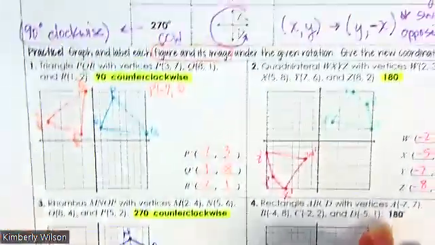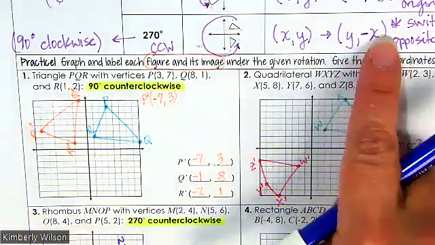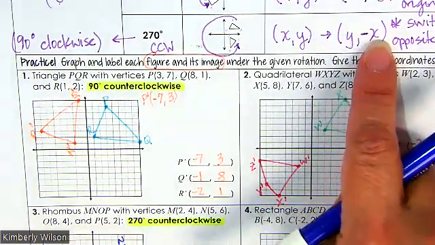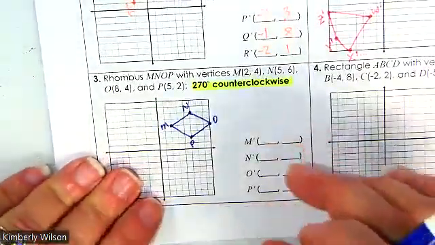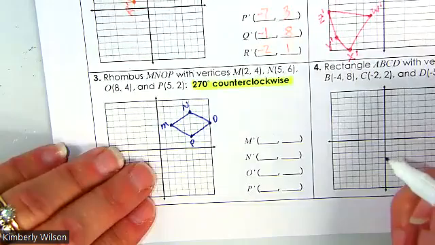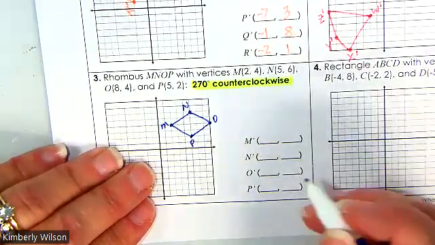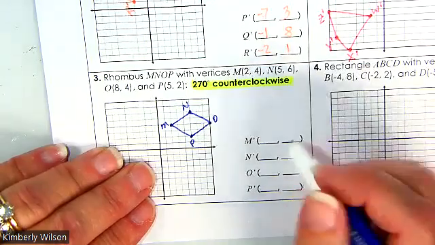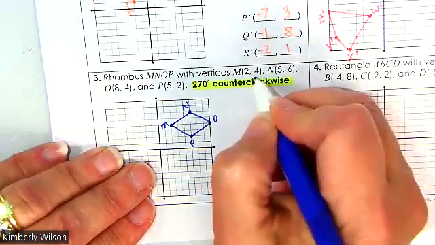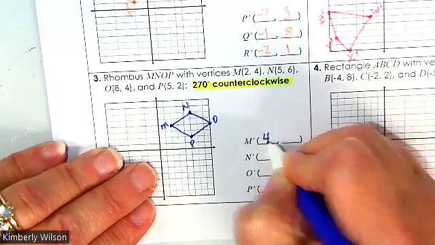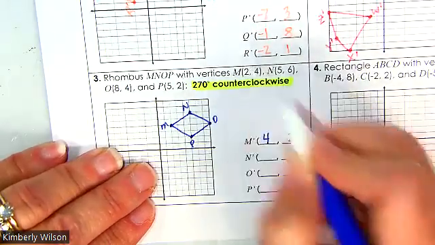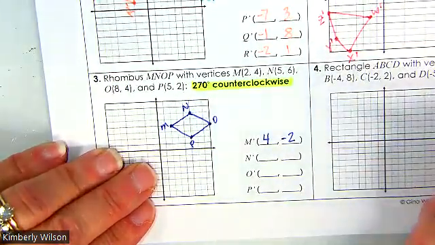According to our algebraic rule, we switch the X and Y, and then the X is the opposite sign. Okay. So when we're looking at this, this is going to become 4, 2, but this is a negative.